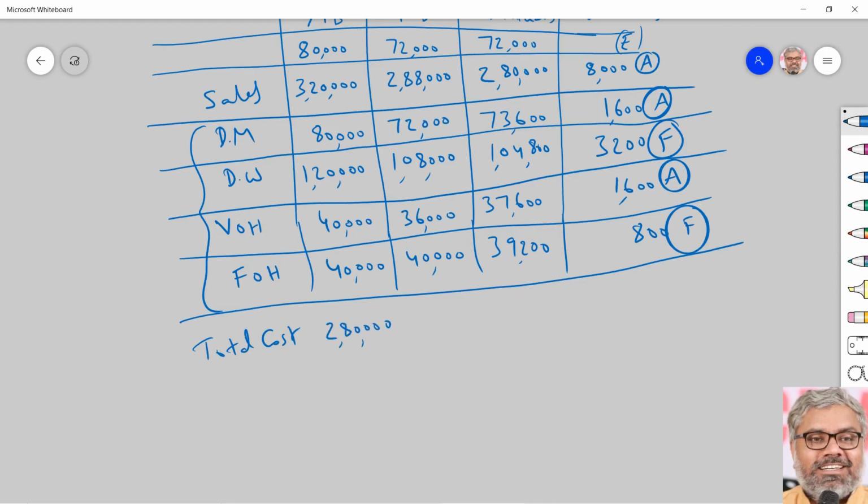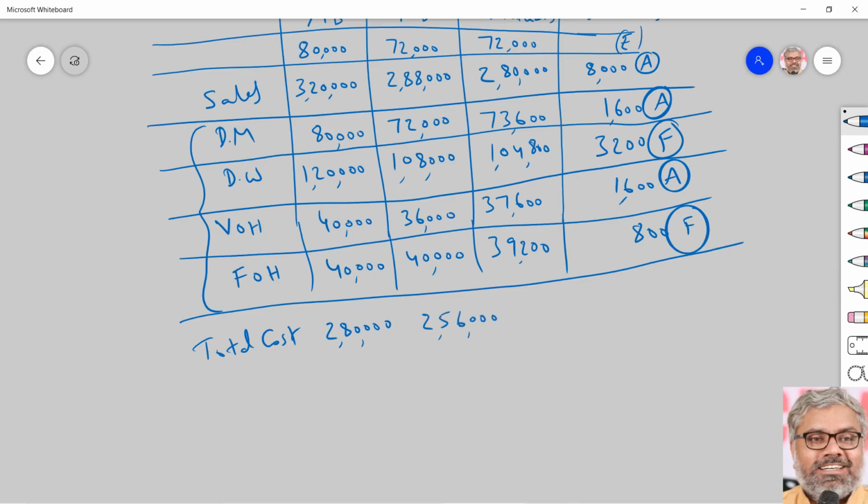How much is the total cost according to the flexible budget? 72,000, 1 lakh 8,000, 36,000, 40,000. 2 lakhs 56,000. Right?